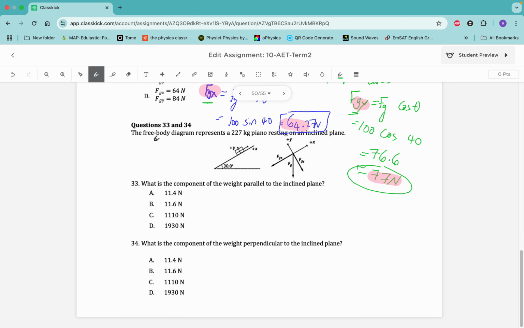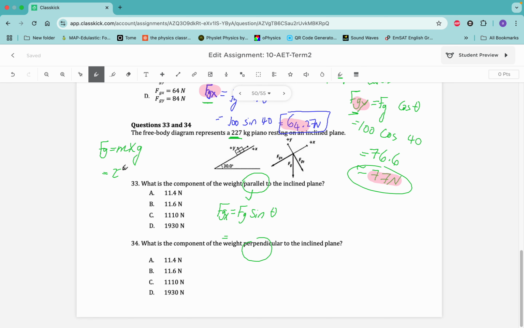Next question, same idea. What is the component of the weight that is parallel to the inclined plane? Which one is perpendicular? We agreed that for the parallel component we use Fgx, which is Fg sine theta. We don't have Fg, but instead we have the mass. Fg is m times g, it's the weight.